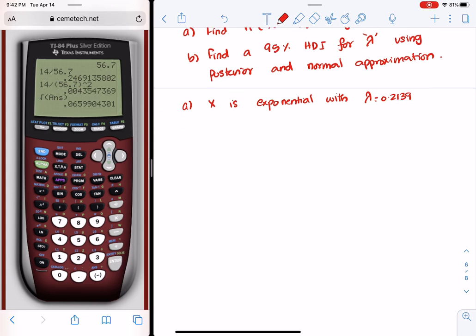So we know the probability of x greater than 4 is 1 minus 1 plus e raised negative lambda times 4, so 1 minus 1 plus e raised negative 0.2139 times 4.